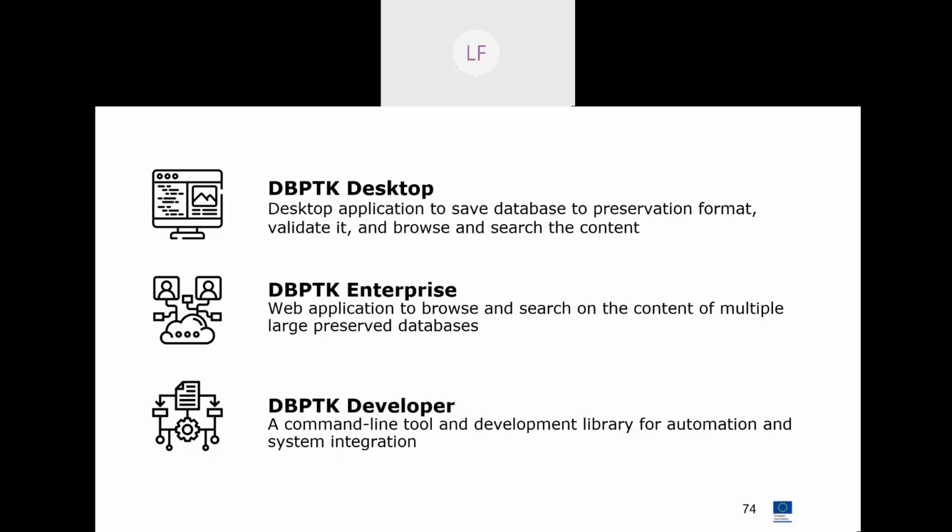Then there is the Database Preservation Toolkit Enterprise, which is a web application that can be installed at your institution that allows you to browse and search the content of multiple and very large preserved databases. And the final one is the Developer, which is at the same time a command line tool and a development library that is mainly used for automation and systems integration.